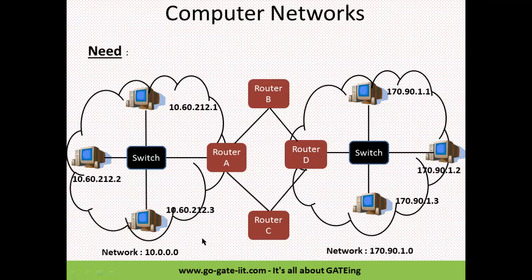Now let's say, for example, this network whose address is 10.0.0.0, and this computer in this network, whose IP or the label assigned to this computer is 10.60.212.3, wants to communicate with a computer or a system which is present in an entirely different network whose IP address is 170.90.1.3.